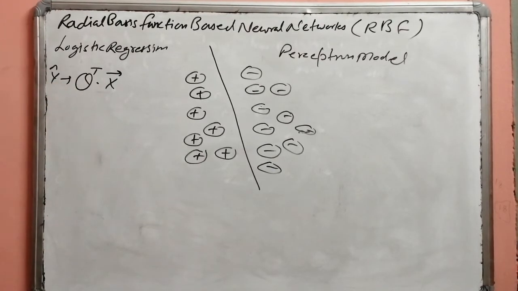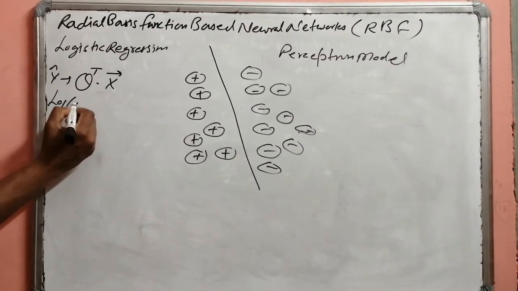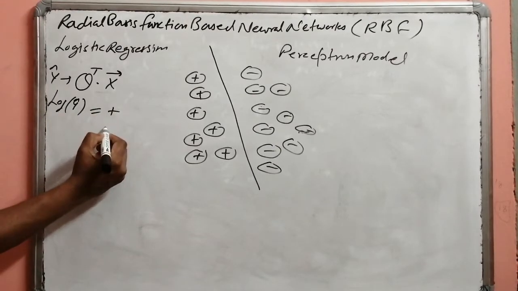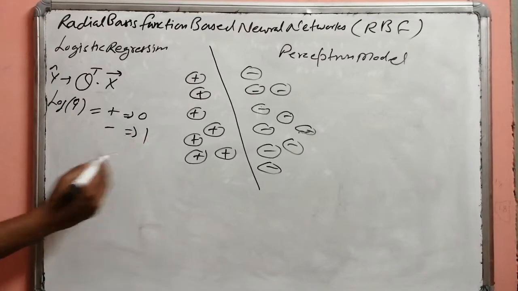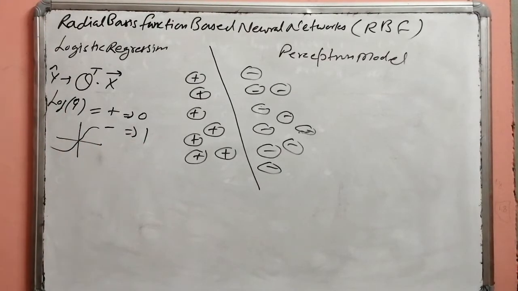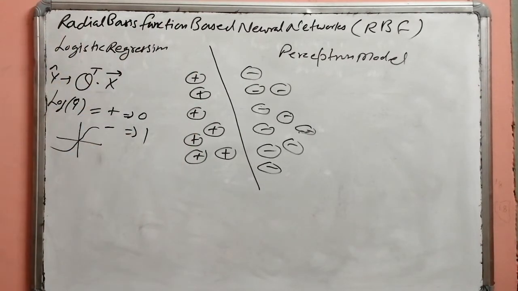And when this value y is given to your logistic function, it generates class positive or negative, or you can say it generates class 0 or class 1. The logistic function is given by this. So this is the overall functioning of your logistic regression.